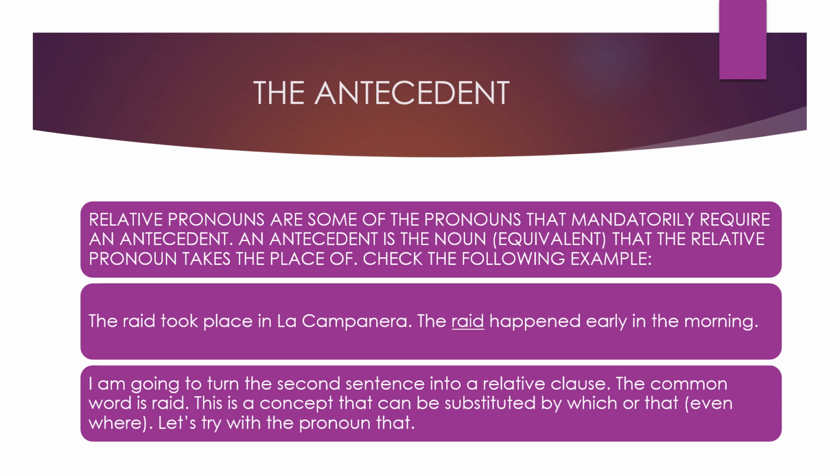I can make it a relative clause, and then the antecedent is going to be the word raid. So I am going to substitute this by which, or I can also substitute it by that. And in some cases, I can even use the relative adverb where, in order to create a relation between these two concepts.